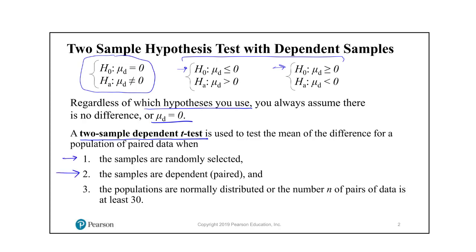We need the samples to be dependent, and we need the populations to be normally distributed, or the number of pairs to be at least 30. We need the same size samples from these two populations because they have to be paired. So we're talking about the number of pairs being at least 30.